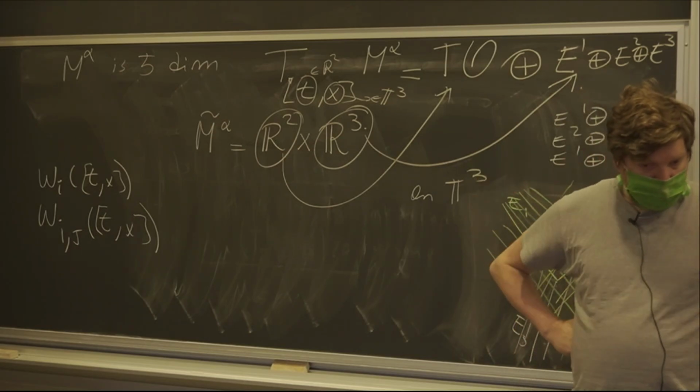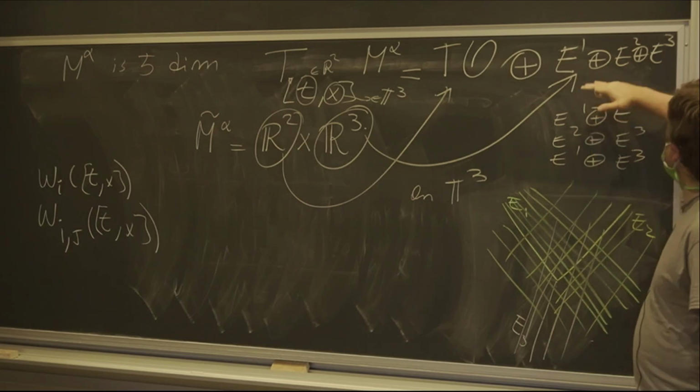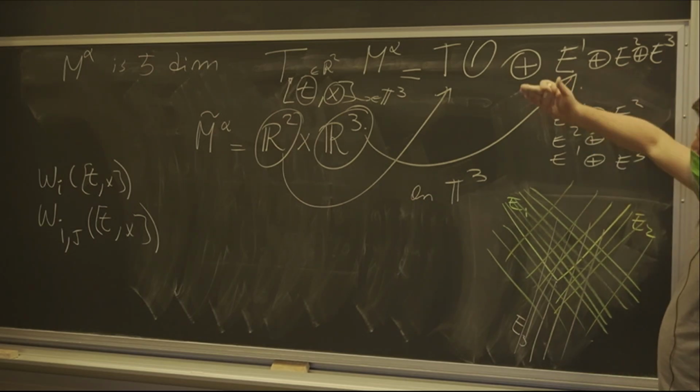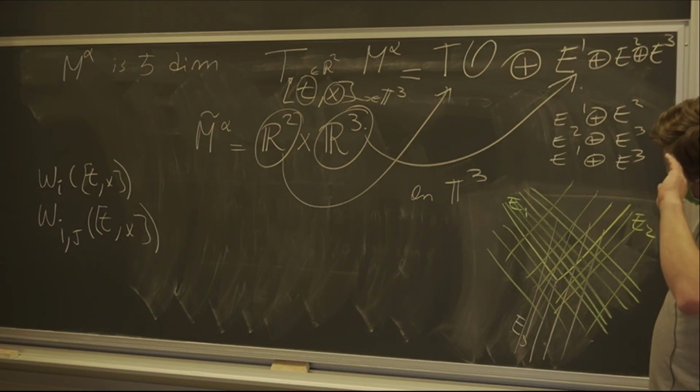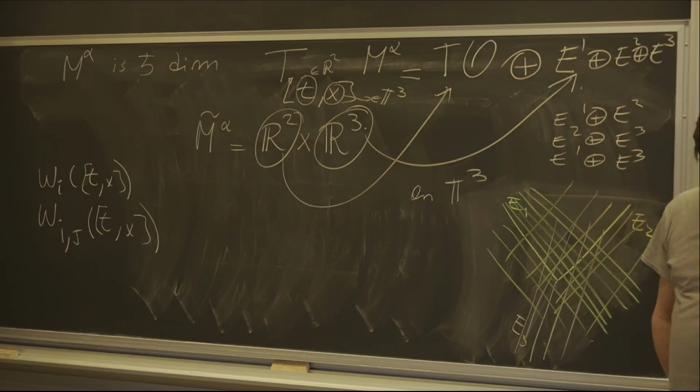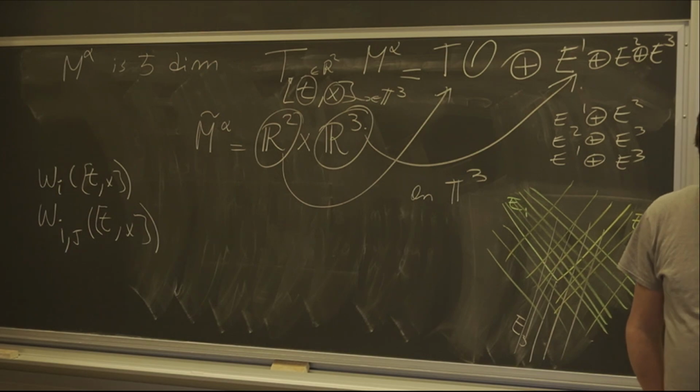It's not R2 times R3 as a Riemannian manifold, it is as a topological manifold, but not as a Riemannian manifold because it's a semi-direct product, but still you can put whatever right or left invariant distance.